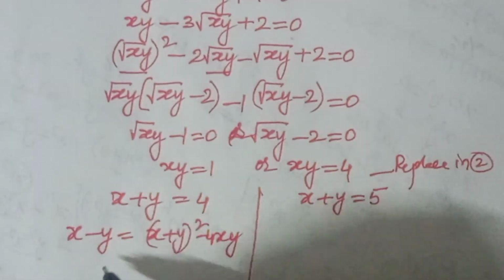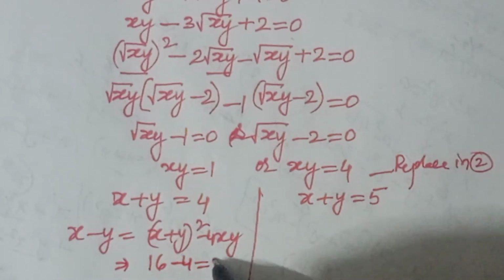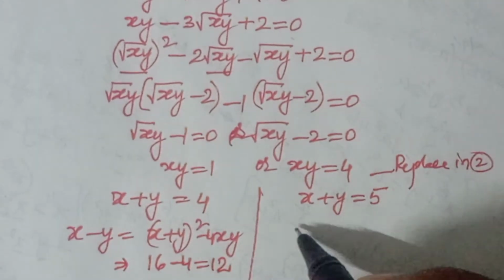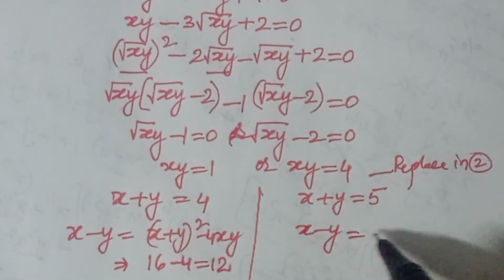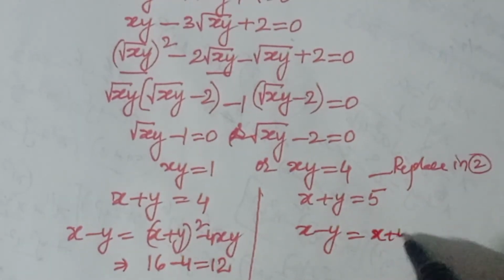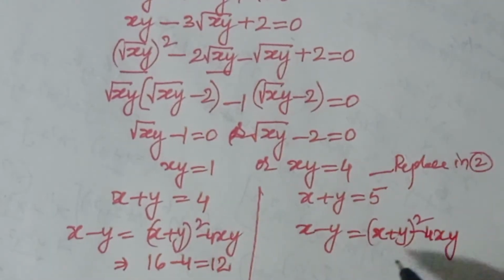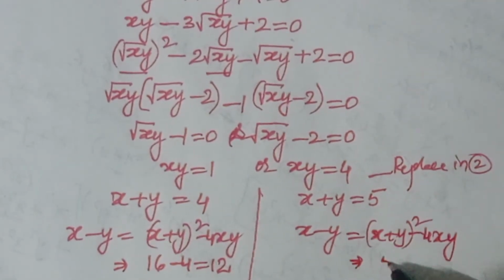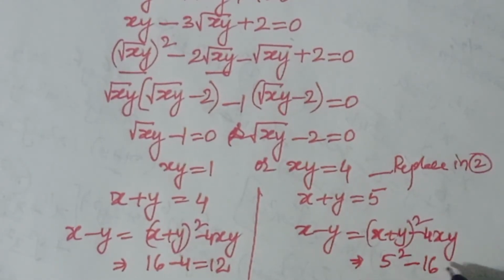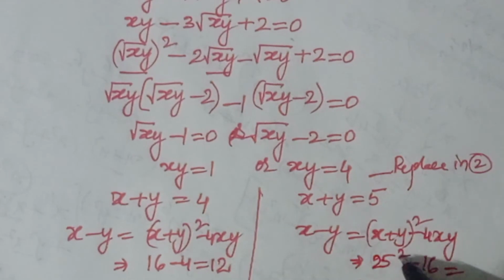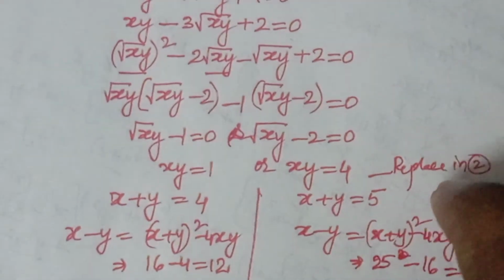So x plus y whole square means 16, minus 4 will get 12. In the same way here, if you apply the formula x minus y, you will get x plus y whole square minus 4xy, that is 5 square minus 16. So 25 minus 16, 9.